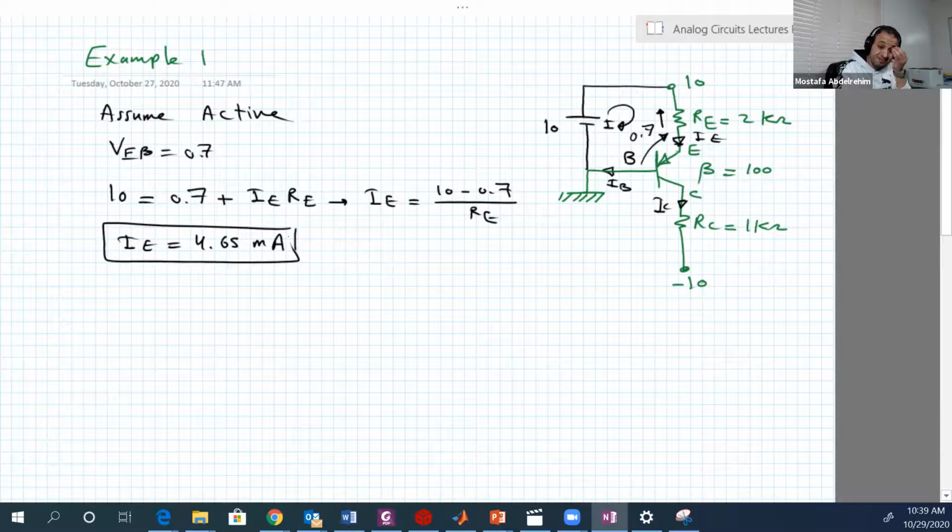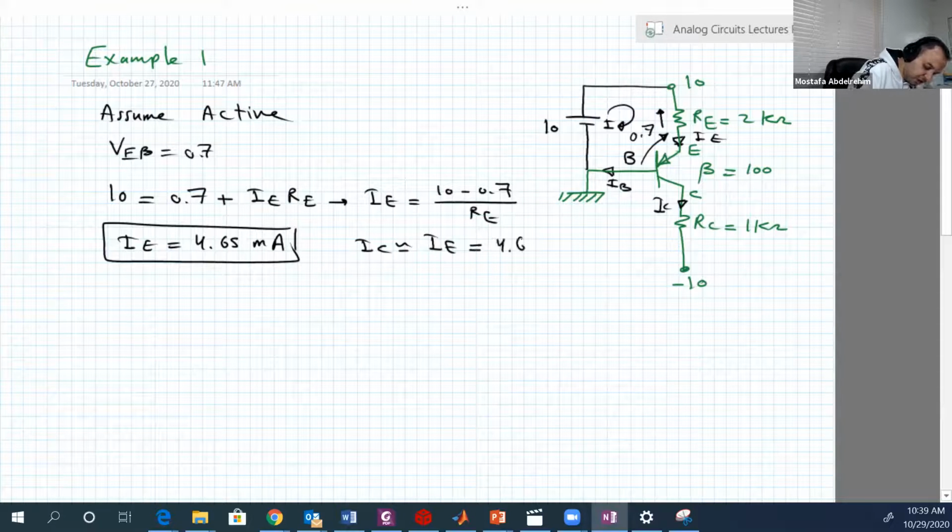Now let's get IC. IC is approximately equal to IE, or 1 over 100 plus 1, which is almost 1, times IE. So it's approximately 4.6 milliamperes.